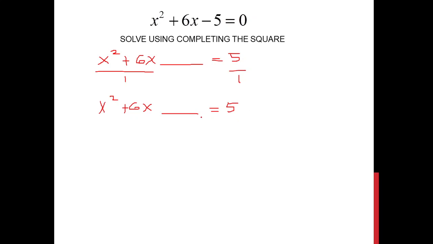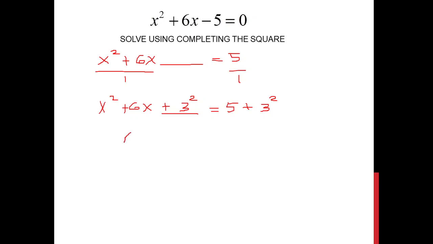Next step is get half of your middle term. Half of 6 is again 3. Add it as the third term, then square it. Whatever you do here should be done also here. Now you have a perfect square trinomial on this side.